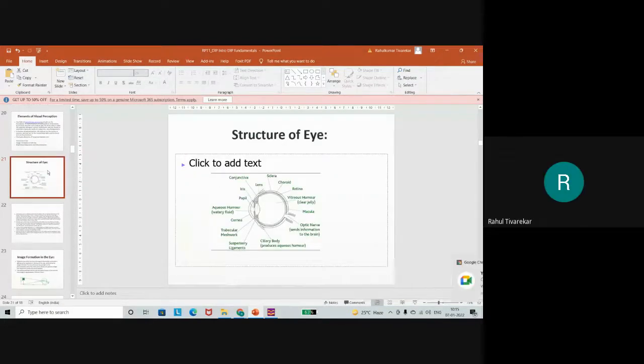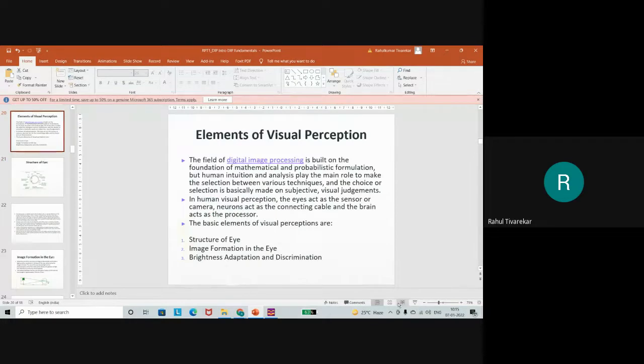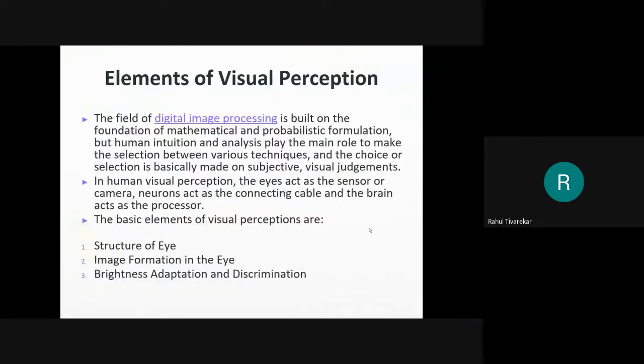So yesterday we saw elements of visual perception, the meaning of which is which things matter in analyzing or understanding an image. The things that matter are the structure of an eye, how an image is formed in the eye, that is the number of cones and rods available, and brightness adaptation and discrimination of that particular viewer.